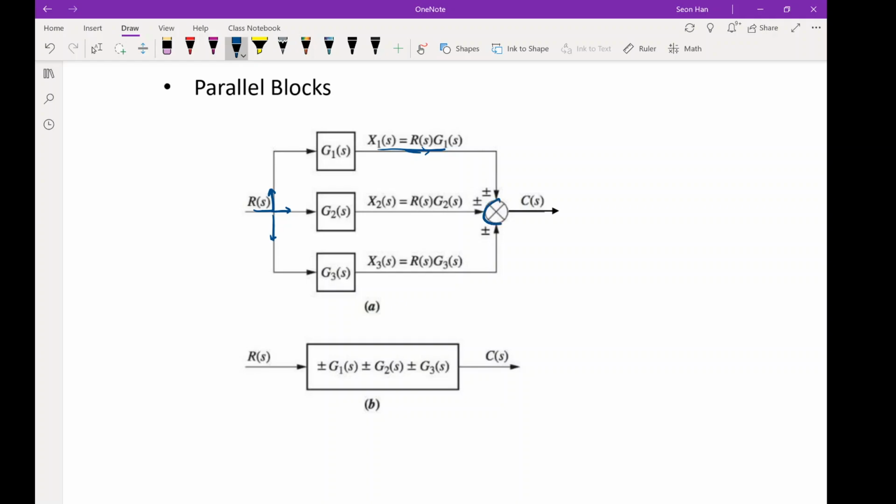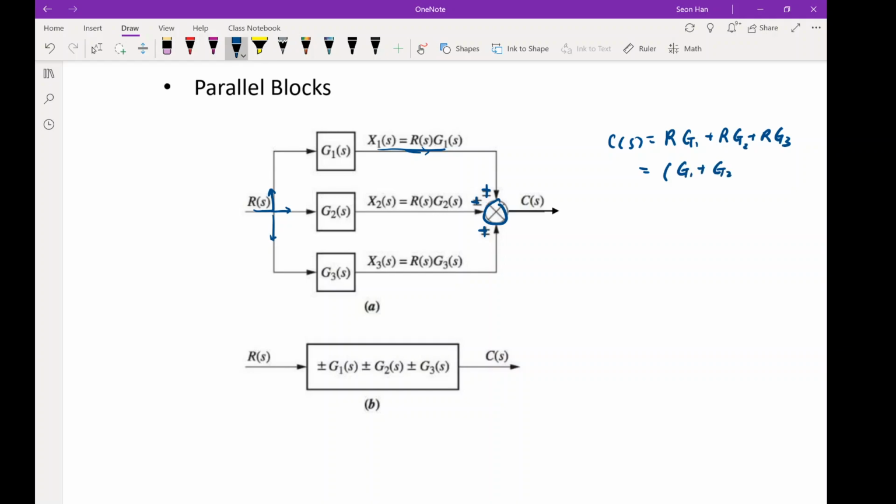Then when you sum them up together, so let's just use plus for now, you'll have C of s equals R times G1 plus R times G2 plus R times G3. That is, you can just factor R out.